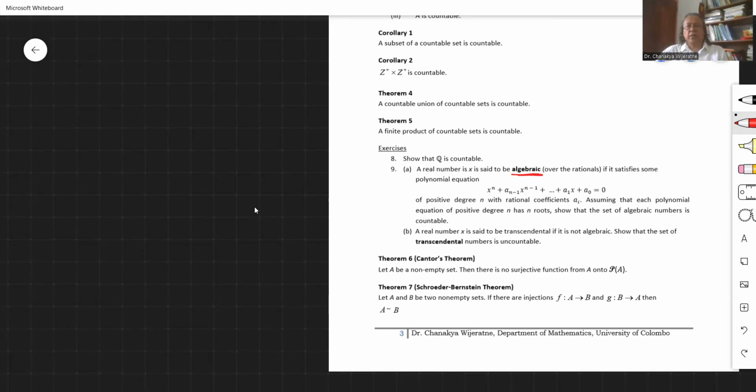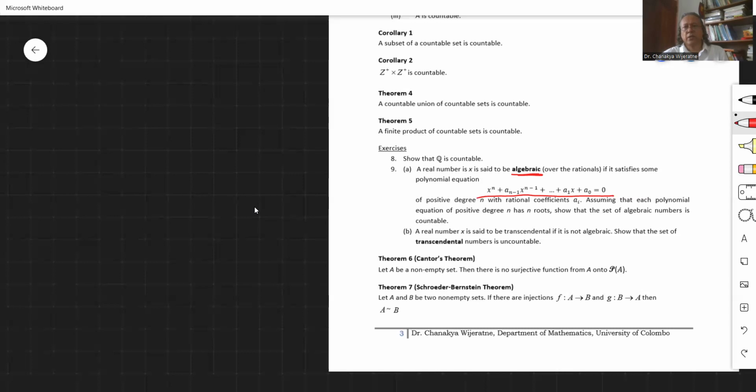A real number is algebraic over the rational numbers if it is the root of a polynomial equation with rational coefficients, like this one. This is an 8th degree polynomial, and it has rational coefficients. If a real number is a root or a zero of such a polynomial equation, then it is called an algebraic number over the rationals.